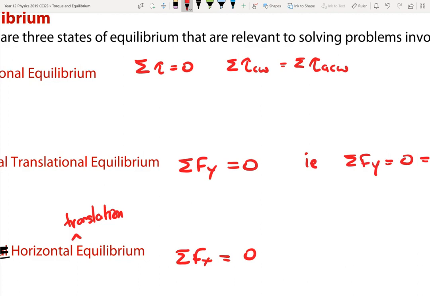What we call it is a clockwise moment equals anti-clockwise moment. Oops, there's an M there. Underneath, just quickly write clockwise moment.